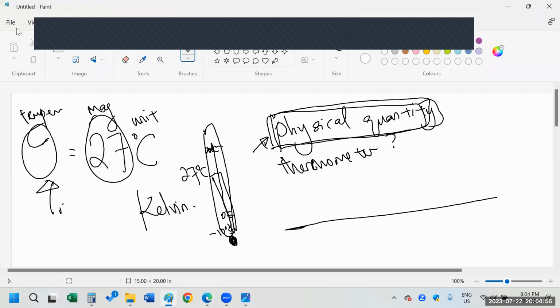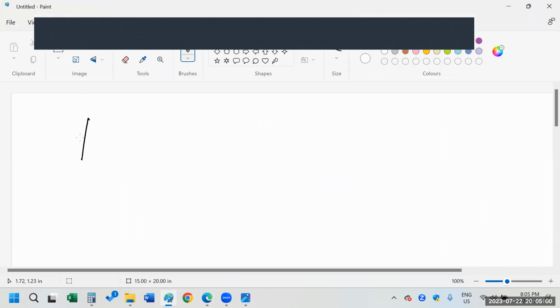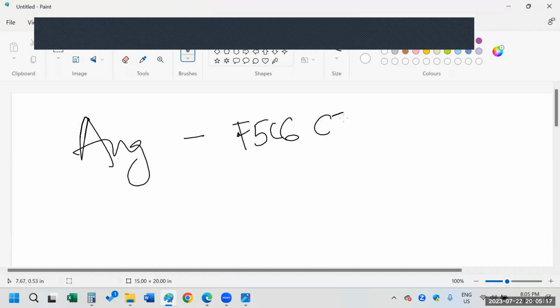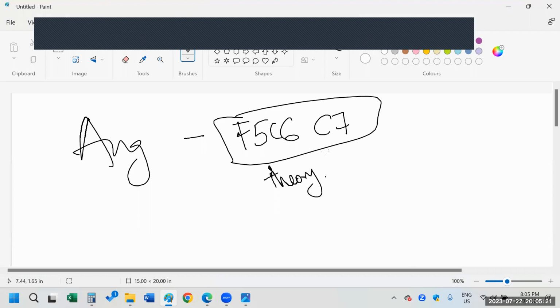Okay, so after your exam, I think maybe August, second week of August, I will have class on Saturday to teach Form 5 chapter 6 and chapter 7 because these two are just theory.